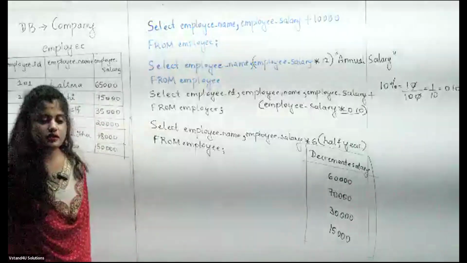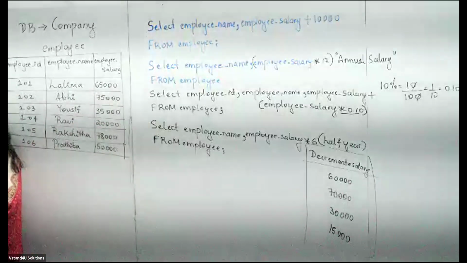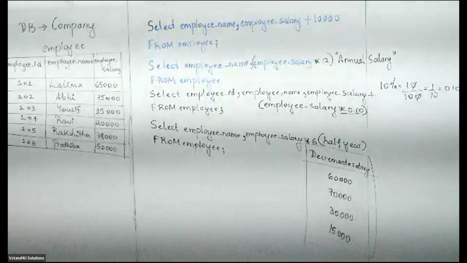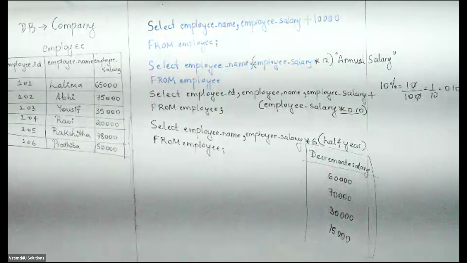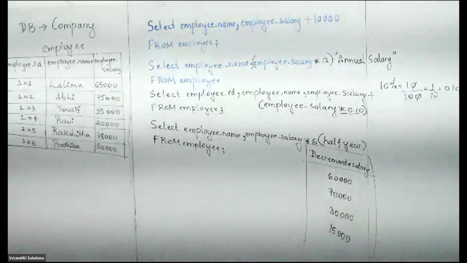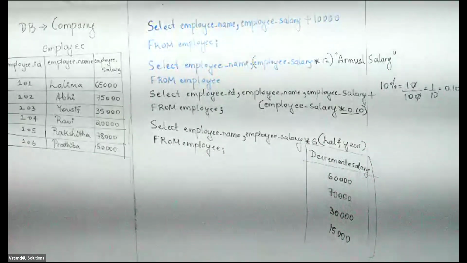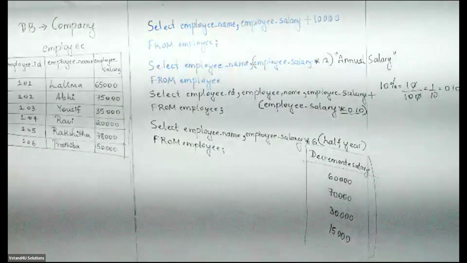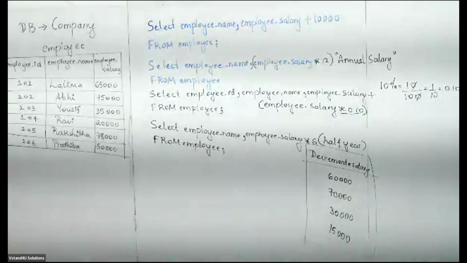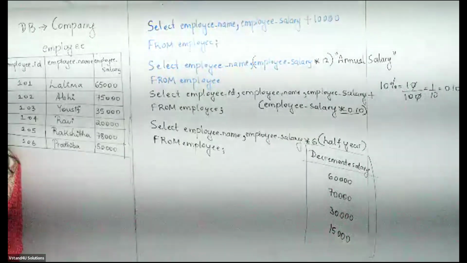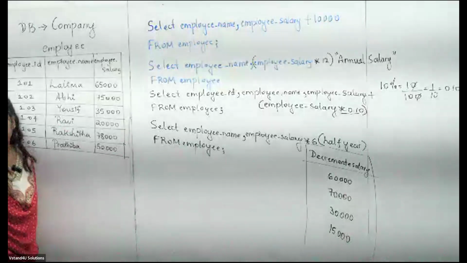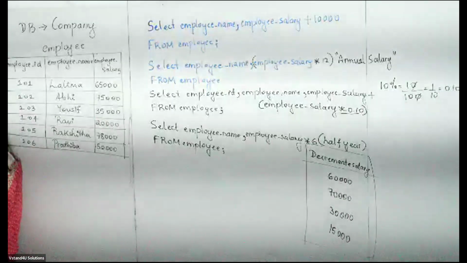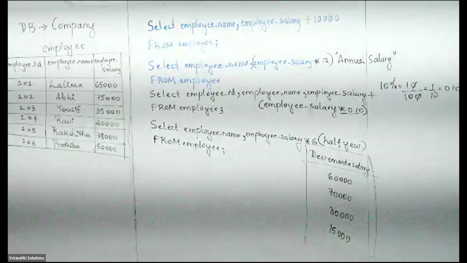I know it is the same thing, but that is the second way you can write. So if you want to write that query, how will you write? Select employee name, employee salary into 12 divided by 2. Yes or no? Yes, from employee. Yes. Done.